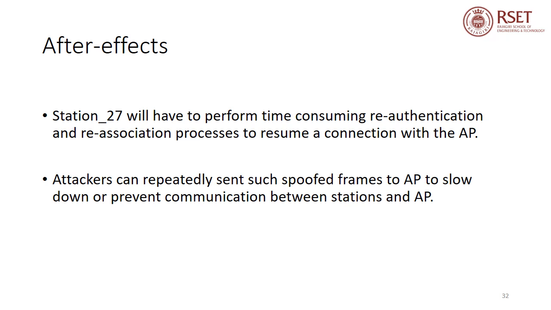So time is getting wasted, and the attackers can repeatedly keep on sending such spoofed frames to the access points to slow down or prevent communication between various stations and access points. So this is the after effect of the de-authentication attack.